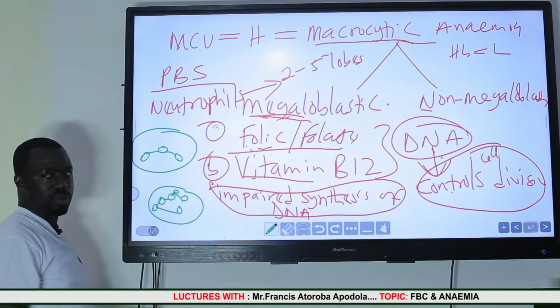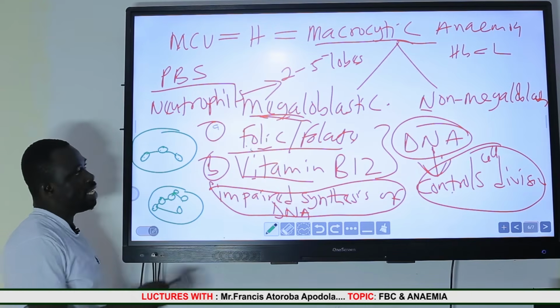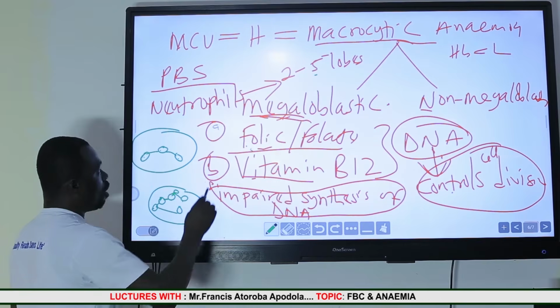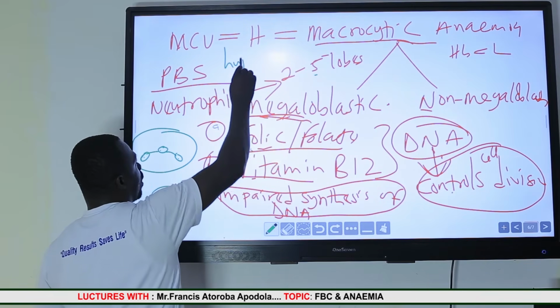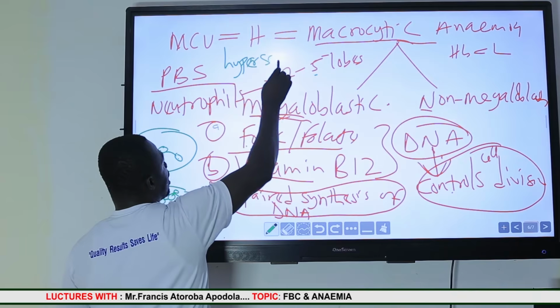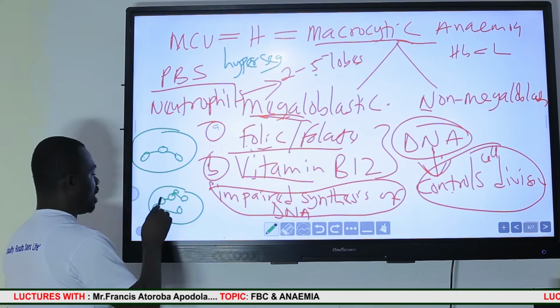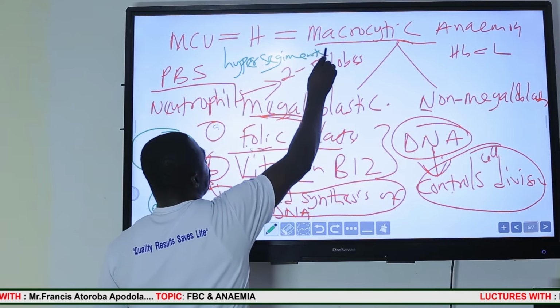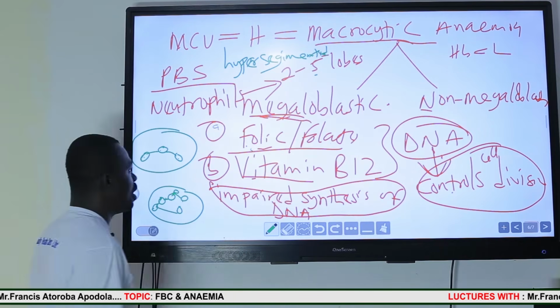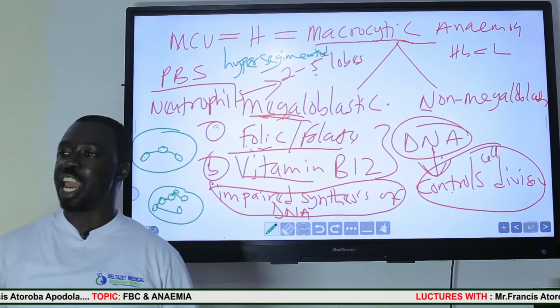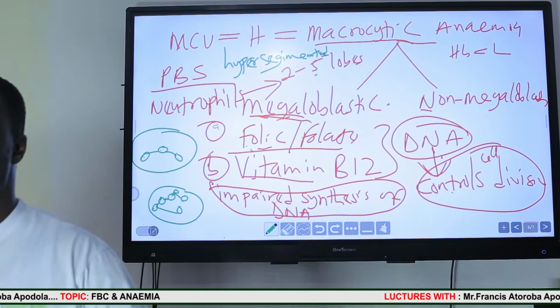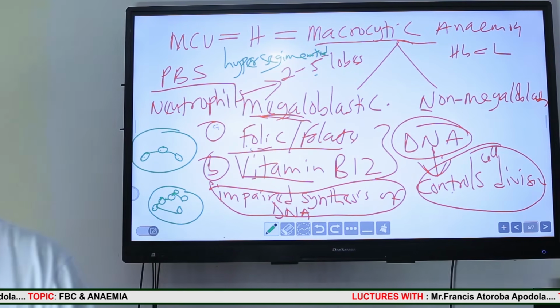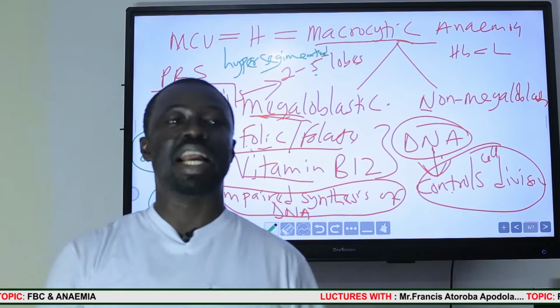When the number of lobes a neutrophil has is above 5, we call that hypersegmentation. All these are segmentations. Hypersegmented neutrophils.